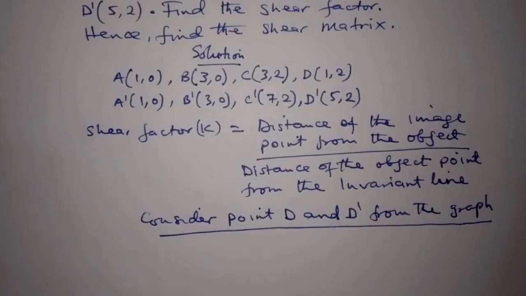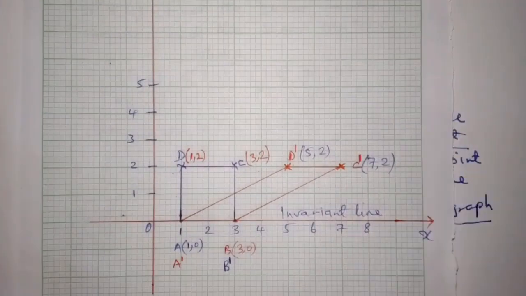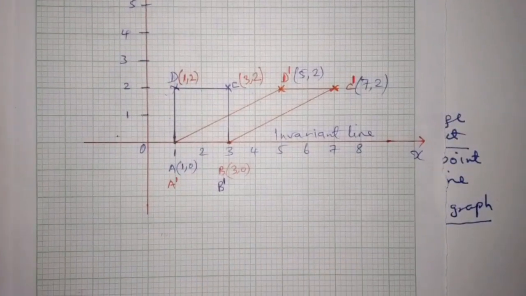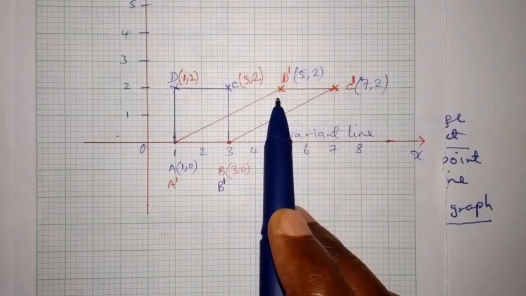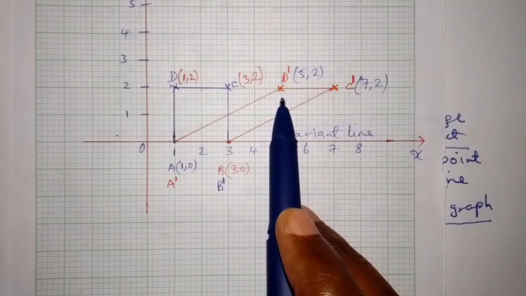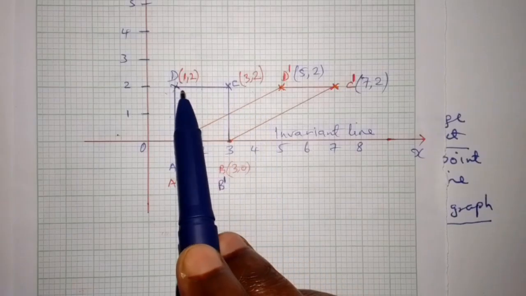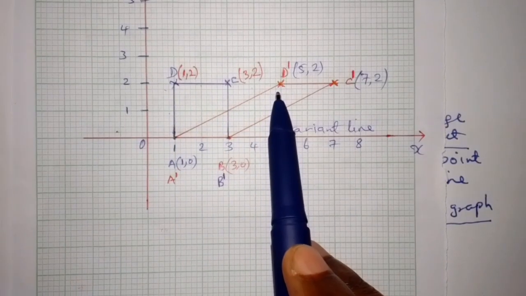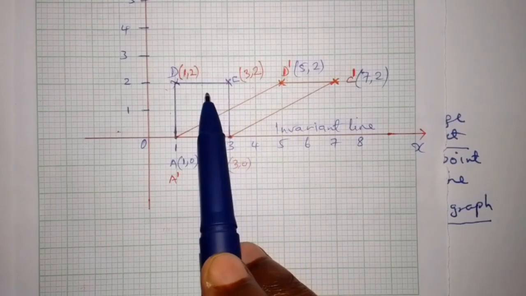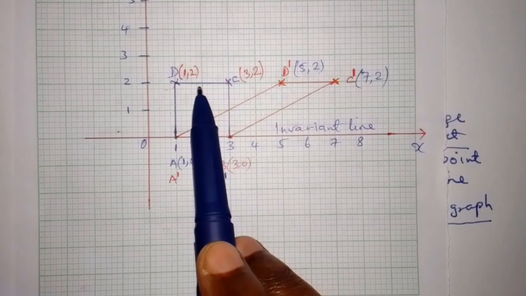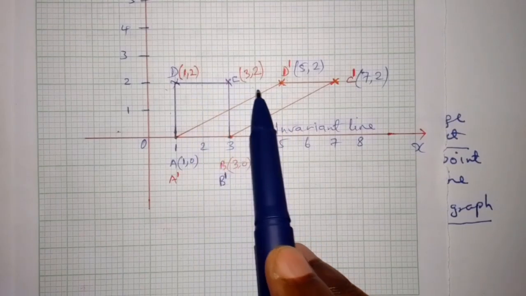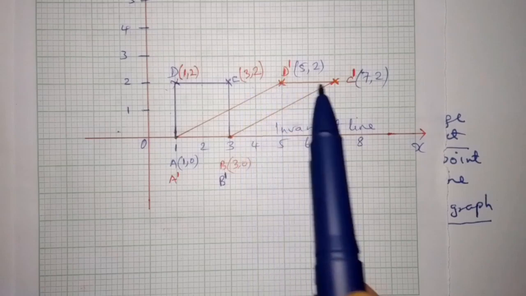So from our graph here, let us consider point D and D'. The distance from D to D' is 1, 2, 3, 4.